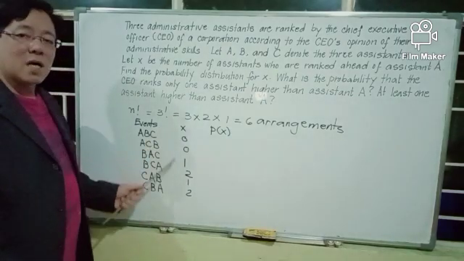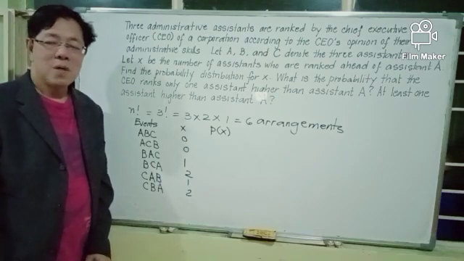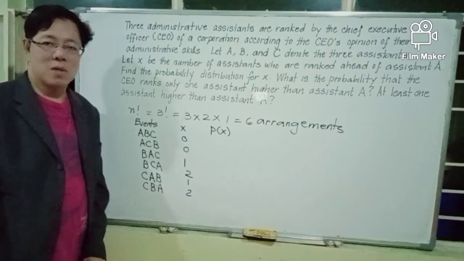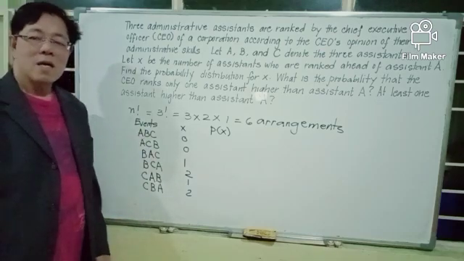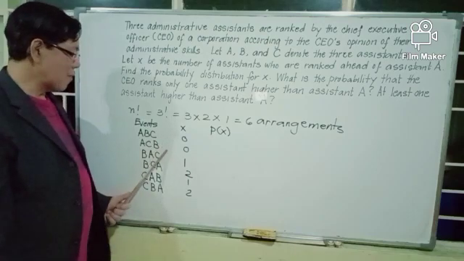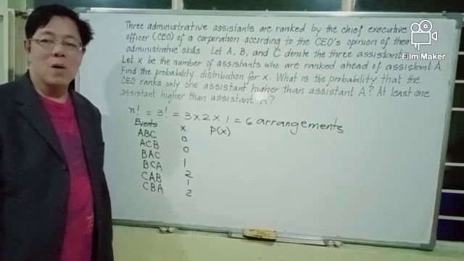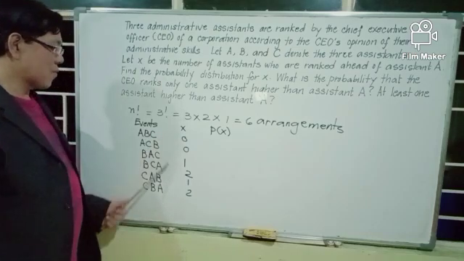Now, these events are equally probable, or equally likely to occur, and there are 6 possible events. Thus, the probability of each event, if they are equally likely to happen, is 1 over 6.